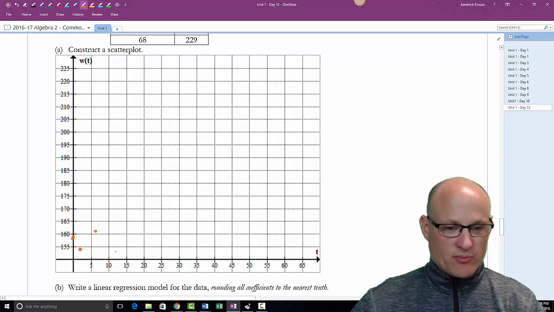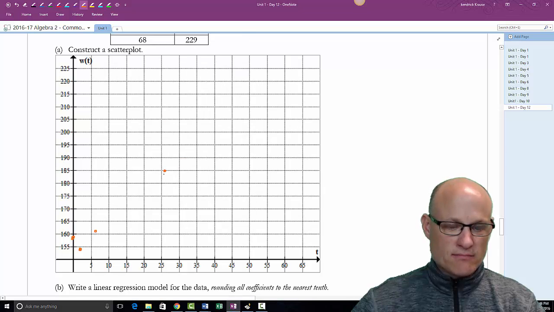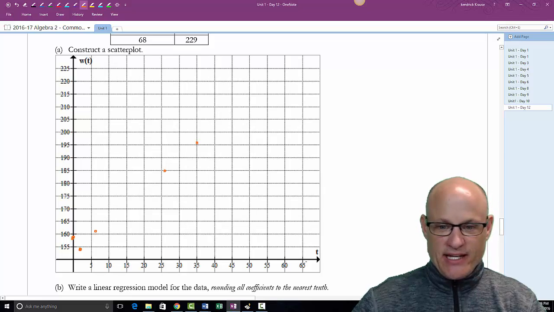And at 26 days, we're going to be at 185. And at 35 days, we're at 196. And at 68 days, we're at 229.